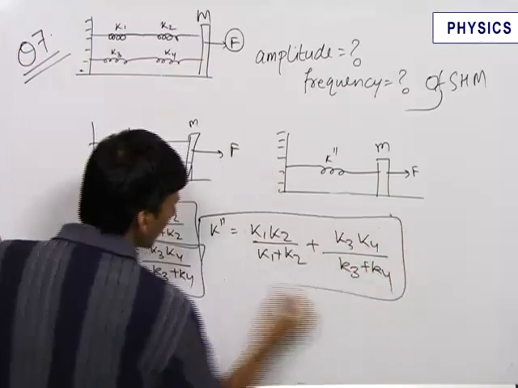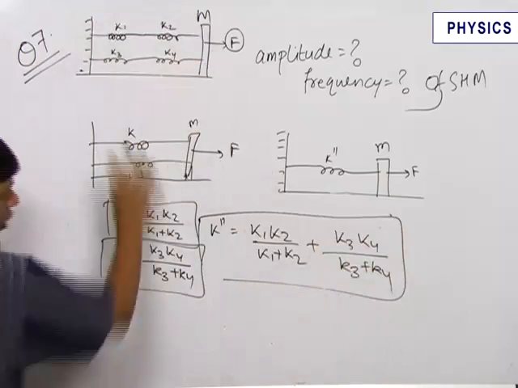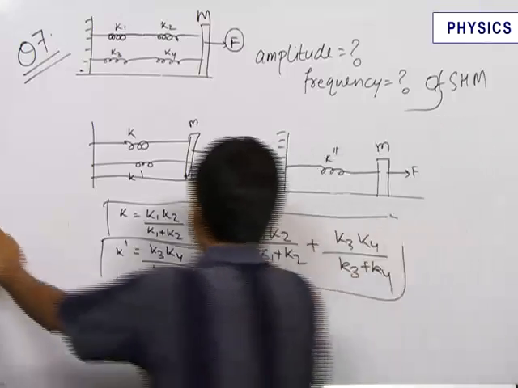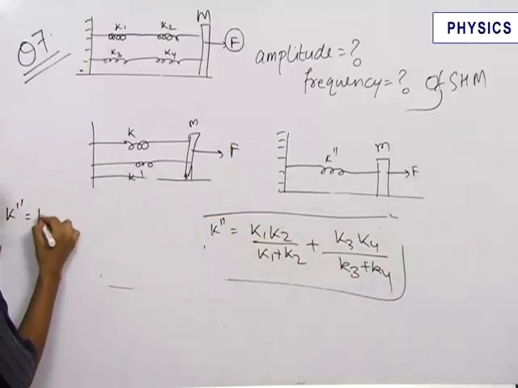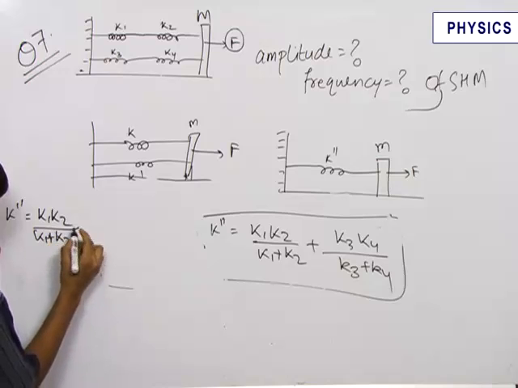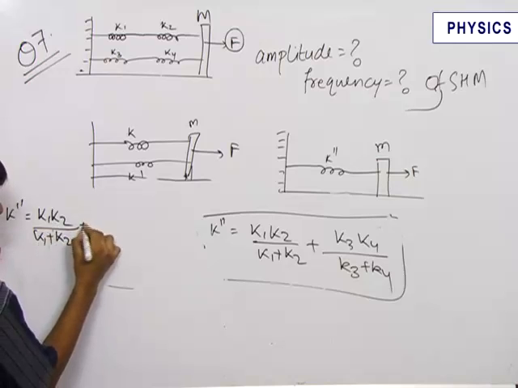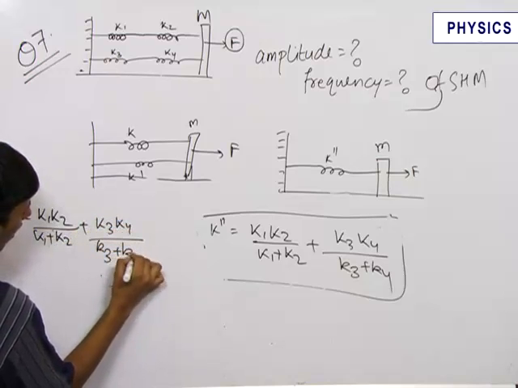So this is the resultant spring constant of a single spring which can replace all this chaos over here. So let us write this in one corner: K double dash is equal to K1 K2 upon K1 plus K2 plus K3 K4 upon K3 plus K4.